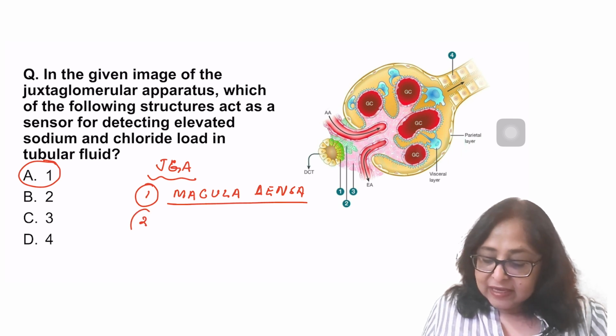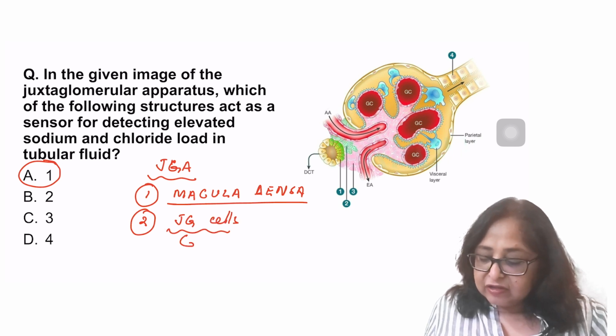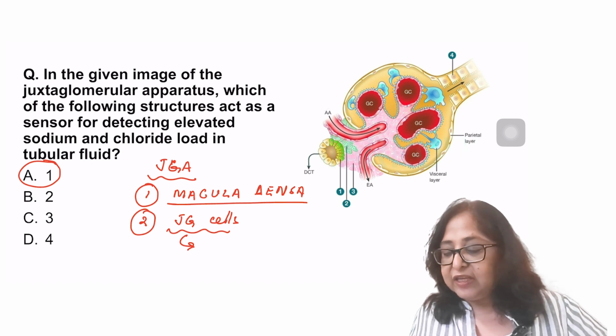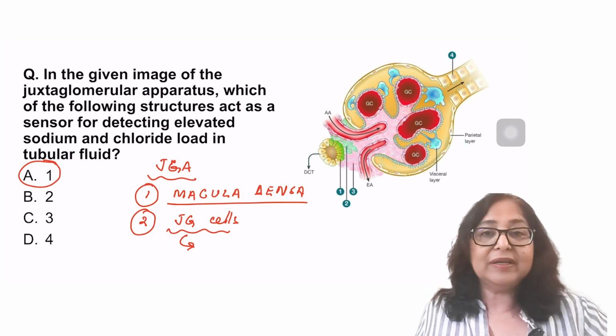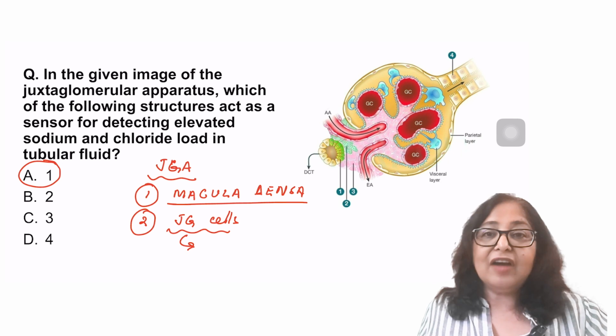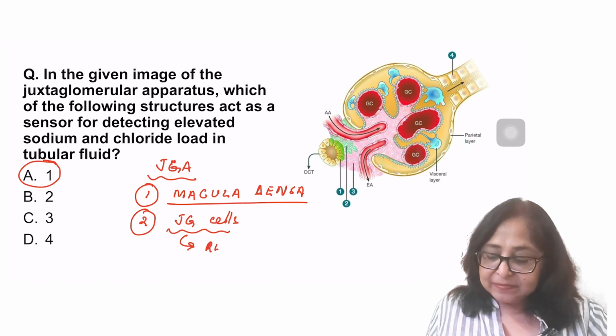Second are the JG cells. These are in the tunica media of the afferent arteriole, and these are renin secreting cells.